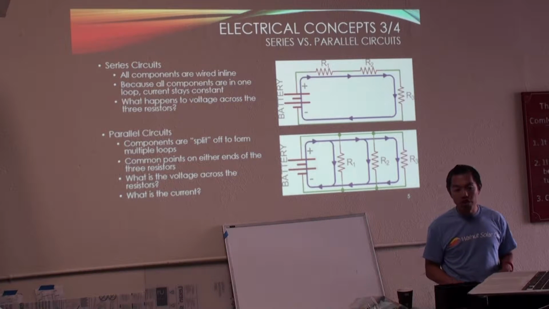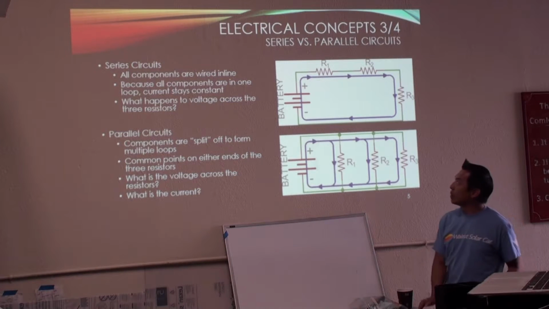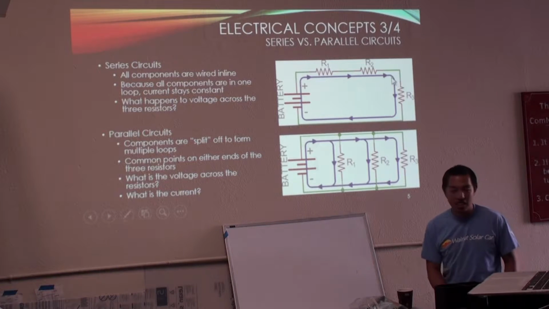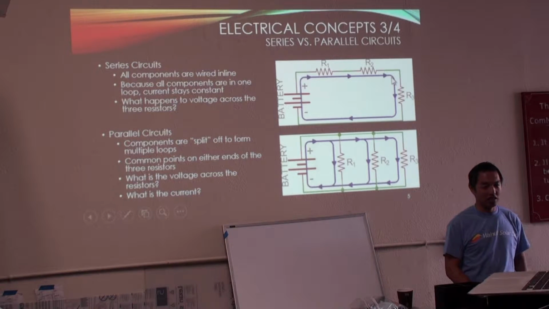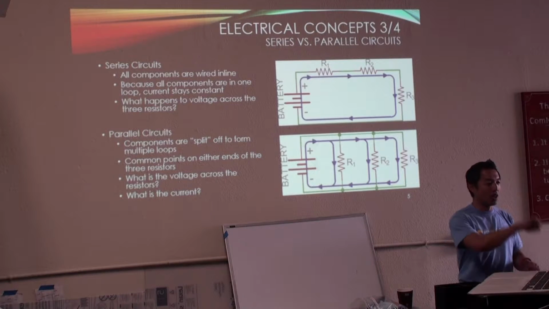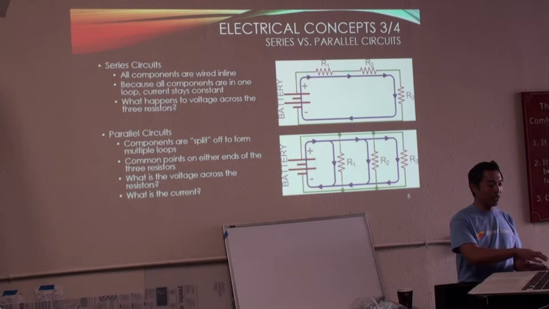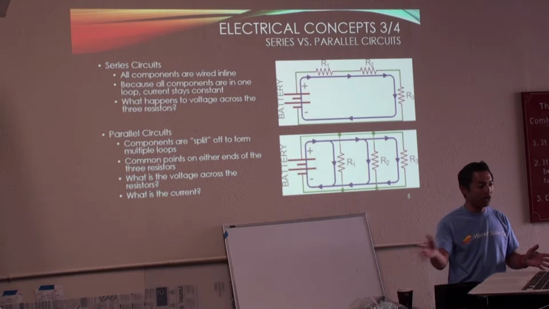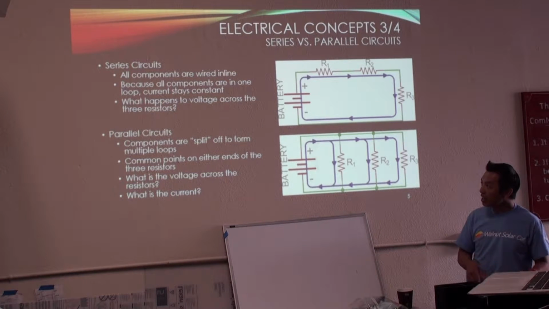Is it more current? Let me ask this: the current that goes here versus the current that goes here versus that goes here, is that the same or different? Same, right? It's all one loop. There's no way for the current to go elsewhere, and so the current flow will just be the same throughout.